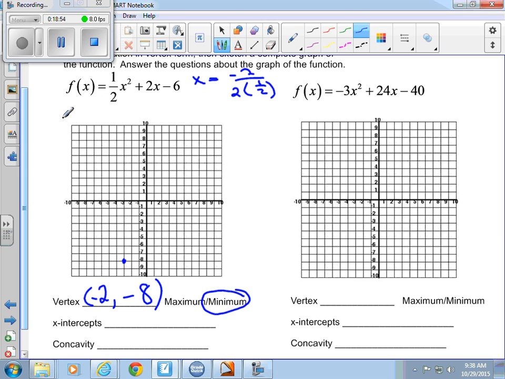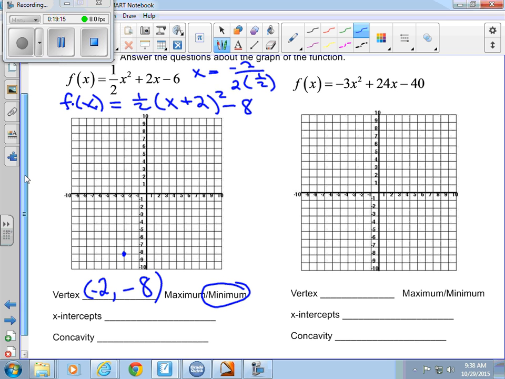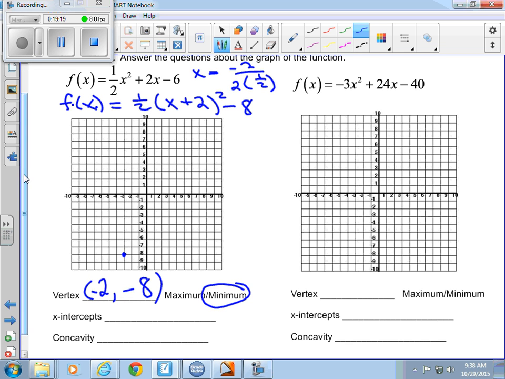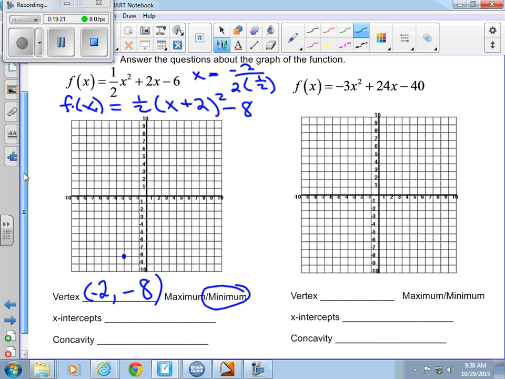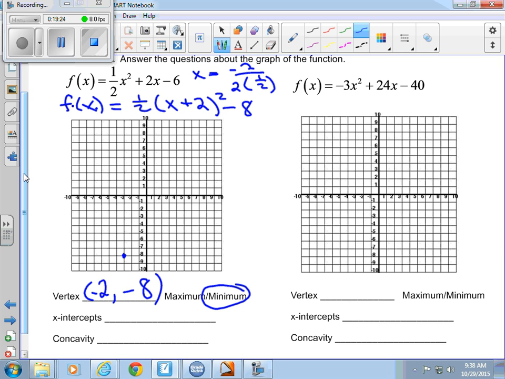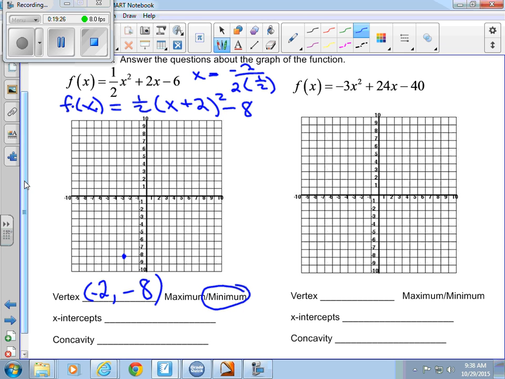I can rewrite the equation in vertex form. What is A? Good.